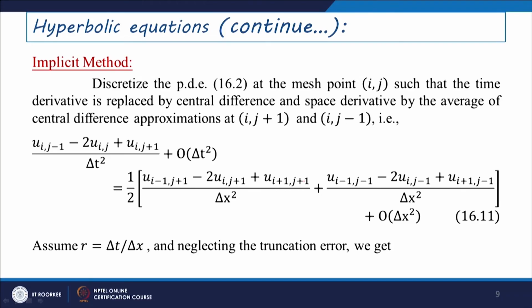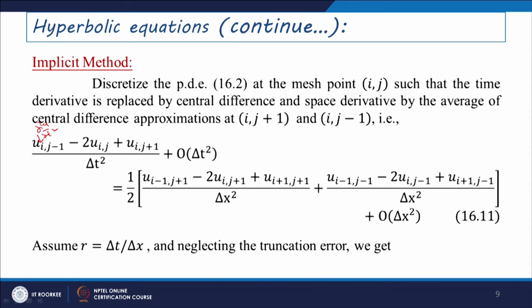So, if you take the time difference as the central difference approximation, that is del square u by del t square in the form of u i j minus 1 minus 2 u i j plus u i j plus 1 by del t square plus order of del t square here.